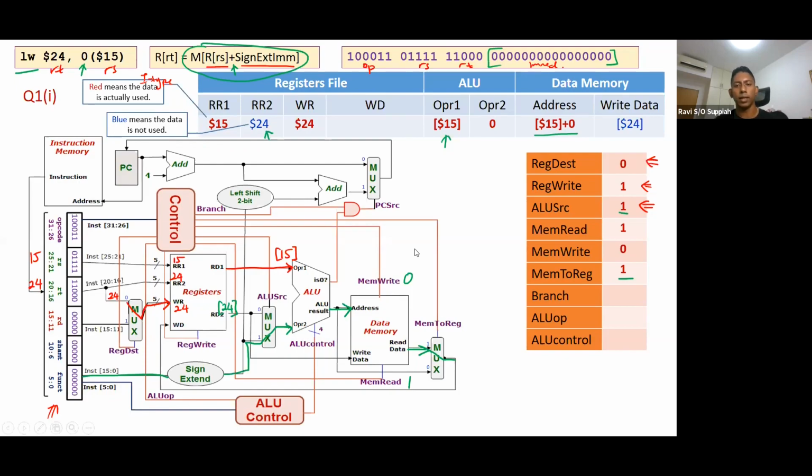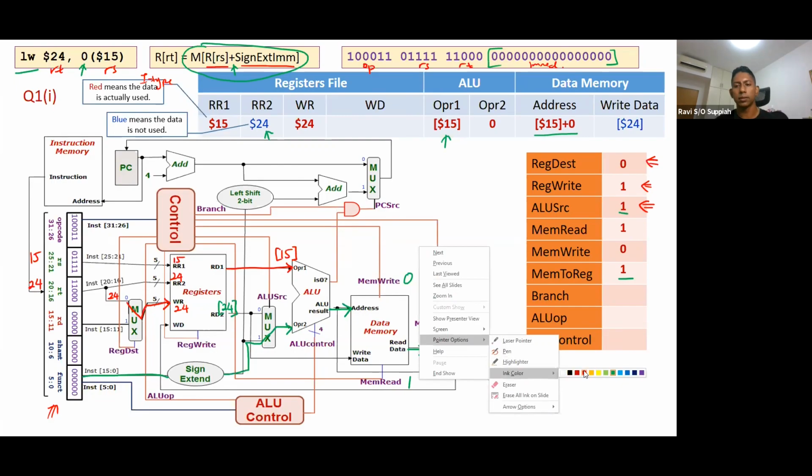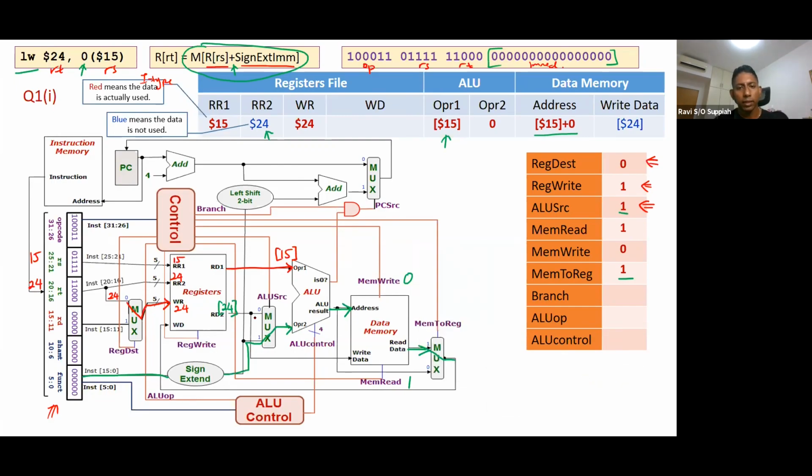Okay, so if you look at the line, this line is also connected to my write data. So that is why content of register 24 appears at the write data. But it doesn't matter, right? It doesn't matter because your mem write is a 0. So we are not writing anything to the memory.